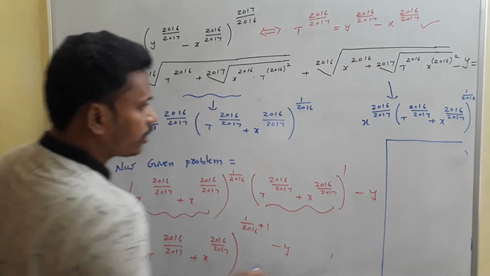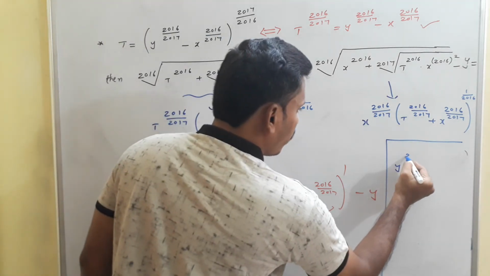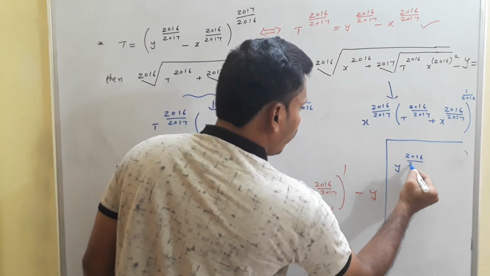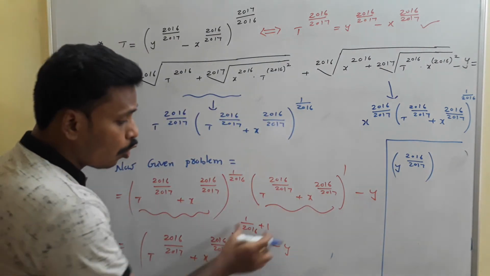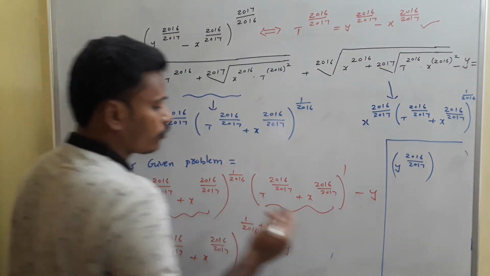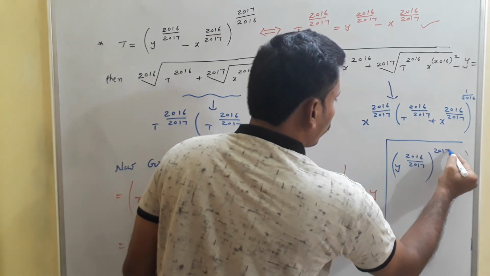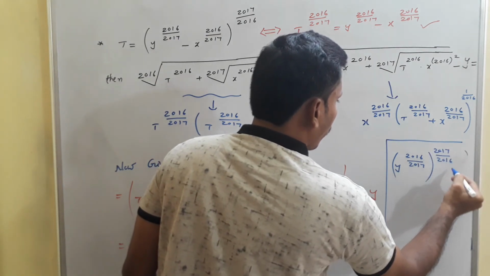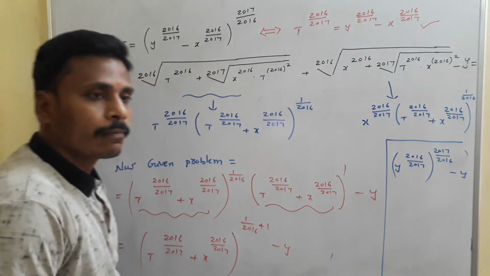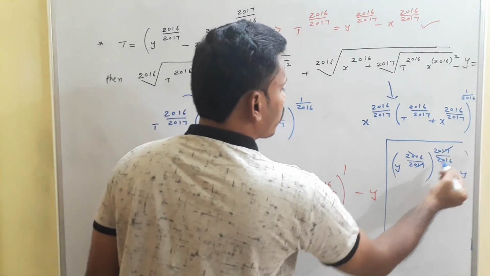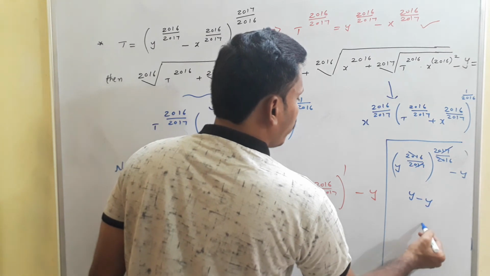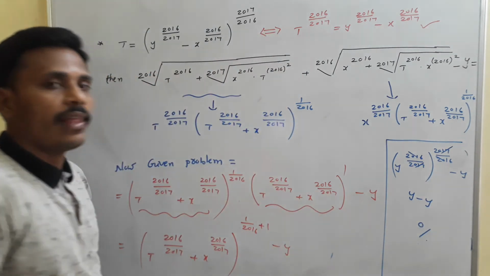So this summation is y power 2016 by 2017. This summation whole power 1 by 2016 plus 1, which is 2017 by 2016 minus 1. And y power something into something. These two get cancelled, these two get cancelled, you are left with y minus y, and your answer is 0 at the end for this problem.